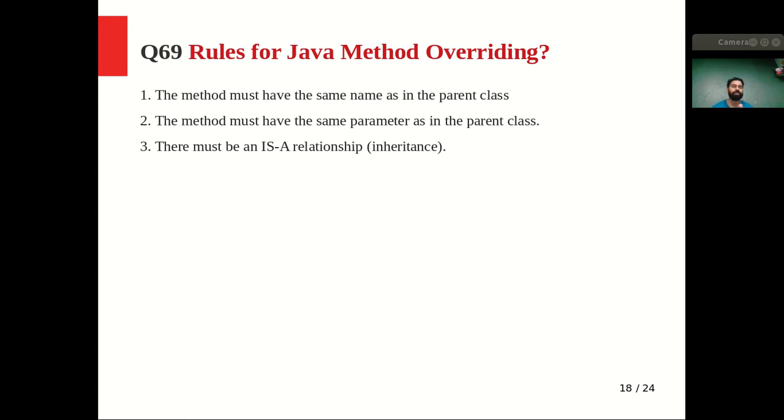So the first point is that the method name should be the same as in the parent class, meaning both the subclass and the parent class should have the same method name, and the parameters should also be the same, right? And there should be an is-a relationship, or the inheritance concept, between the two classes. Then only we can achieve method overriding, right?